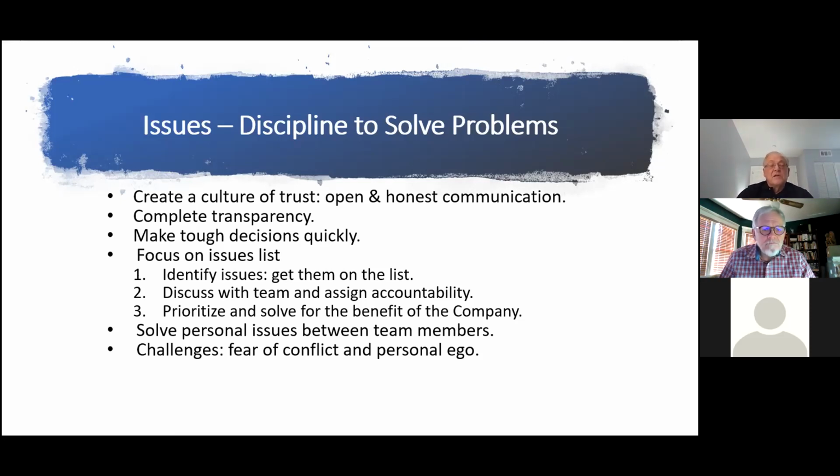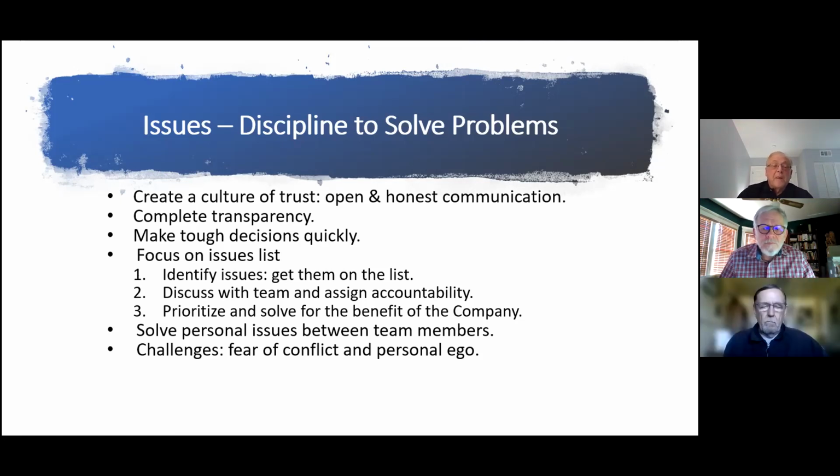And I think the biggest issue, even for us, when we talk about things, is being able to solve personal issues between team members. Unfortunately, if you don't do that, you have subcultures within the same company, and they're always trying to articulate things in their manner, what's best for them, rather than what's best for the corporation.